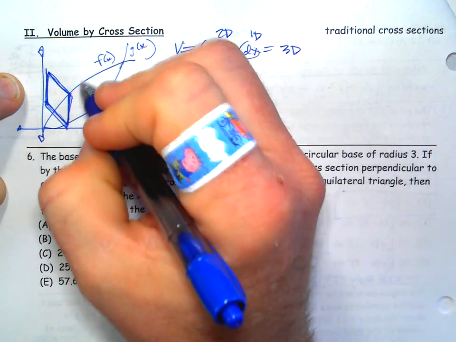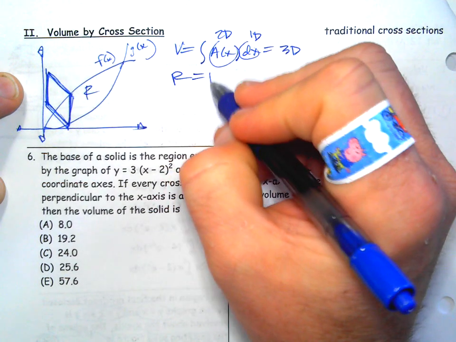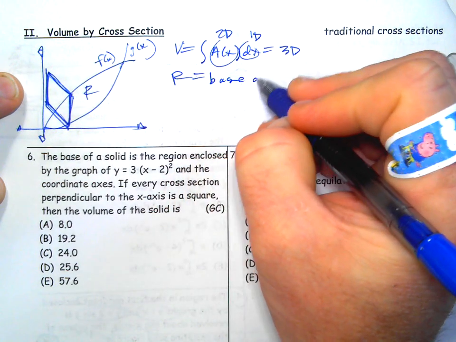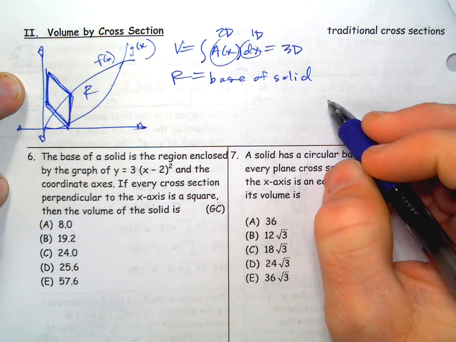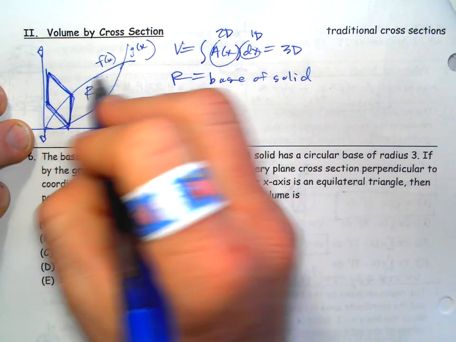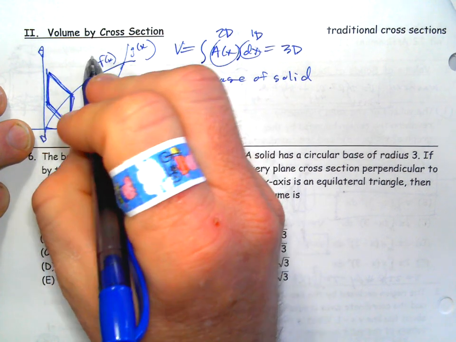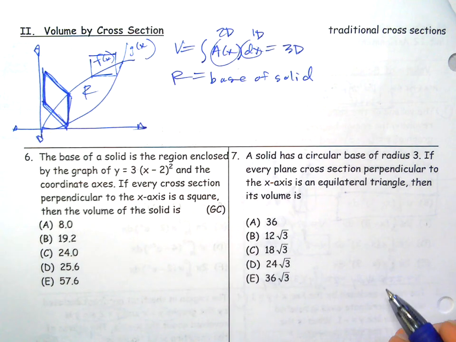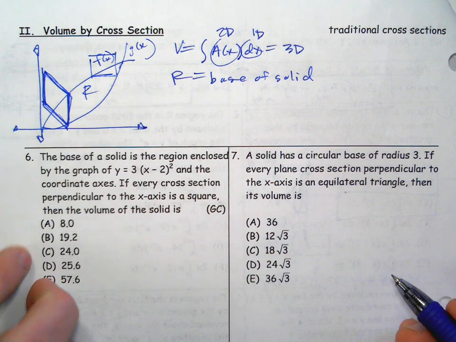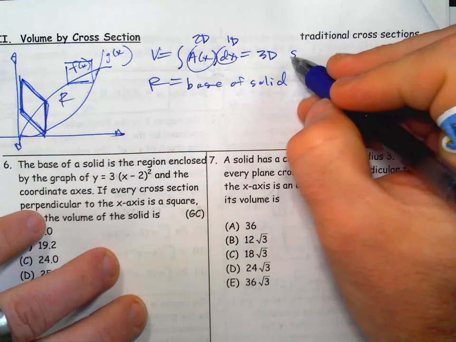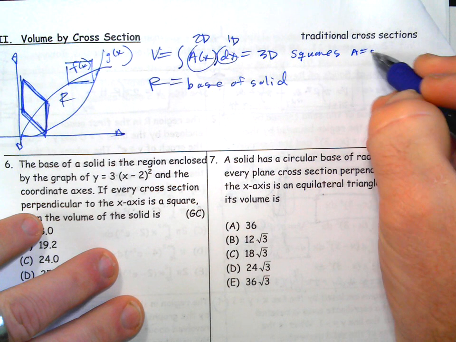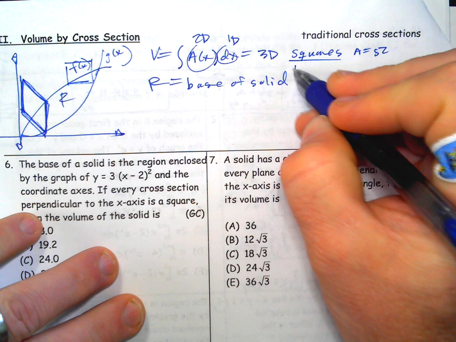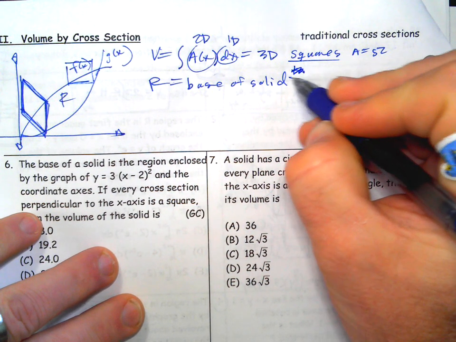R, they often use R, is the base of the solid. So that's what we're building the shape off of. And then if it's perpendicular to the y-axis, it's going to give you a different shape with a different answer. Typical cross sections are squares, so side squared, triangle, maybe equilateral triangles.